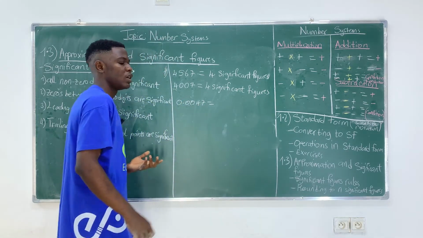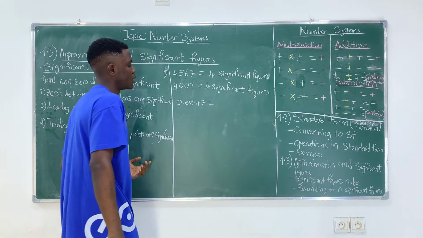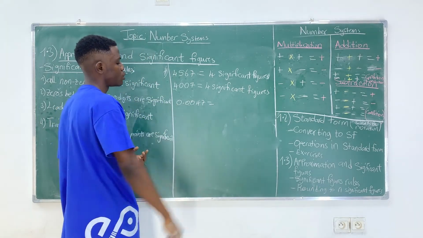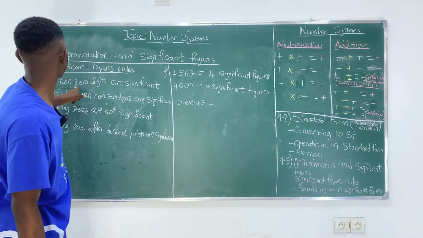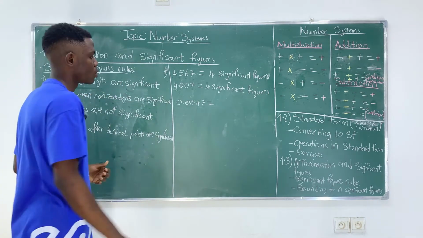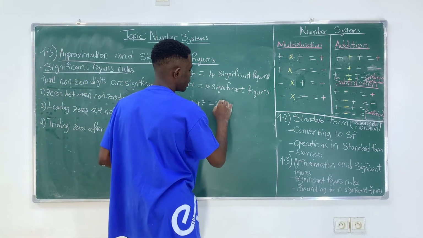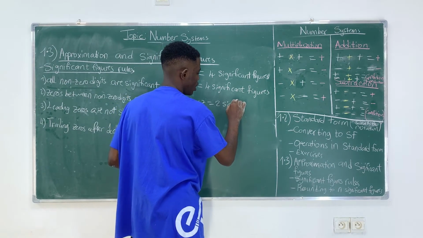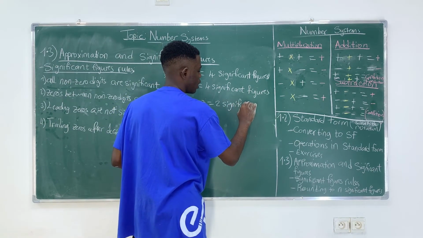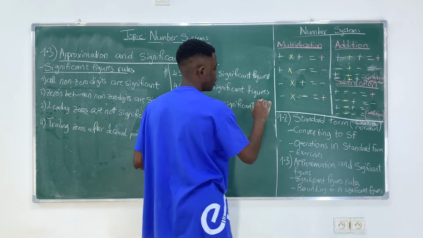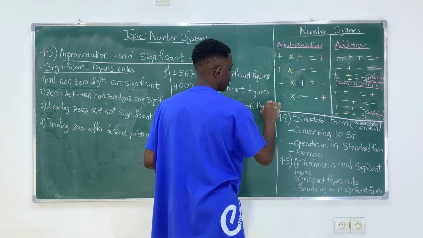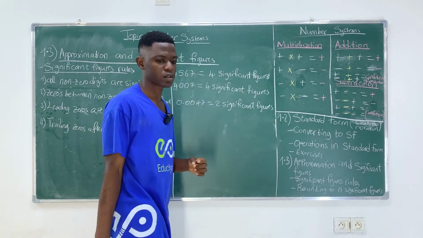Leading zeros are not significant. So how many significant figures are there? We have 2 because there are 2 non-zero digits. We said all non-zero digits are significant. So there are 2 significant figures here.